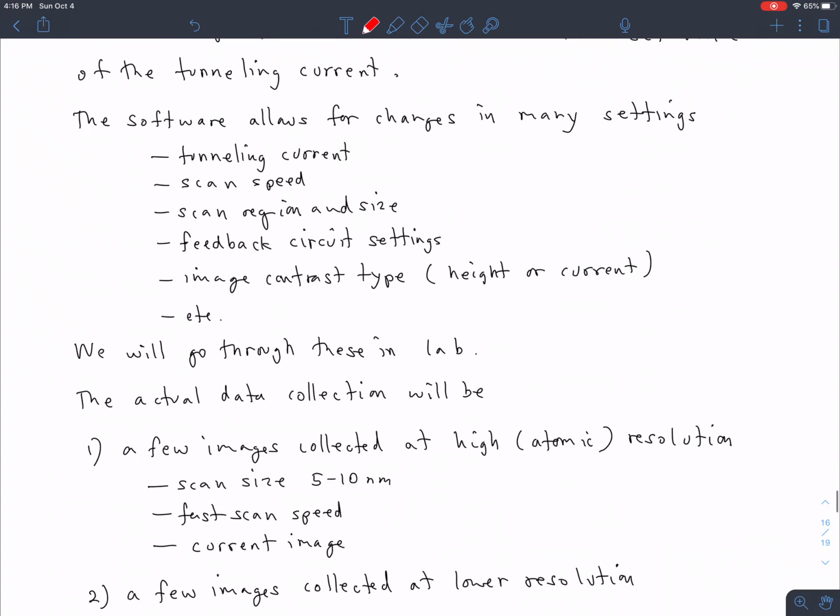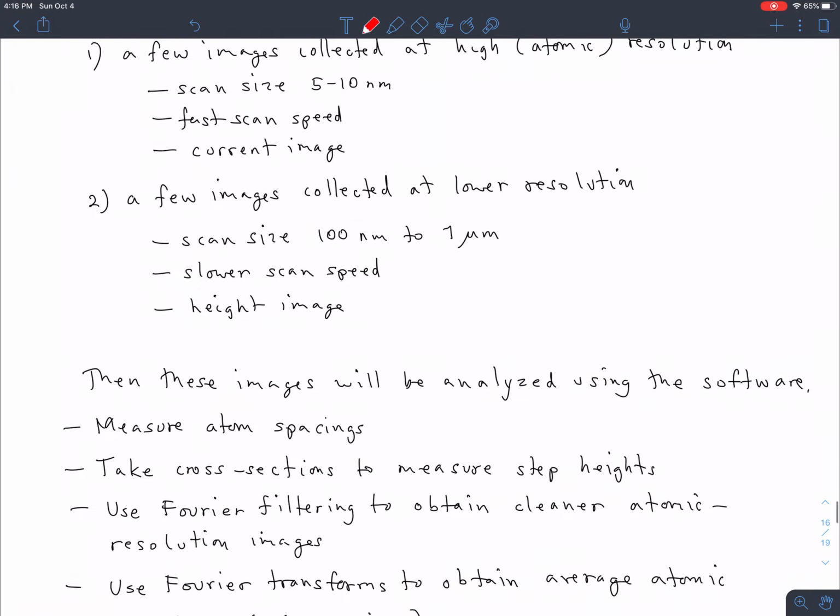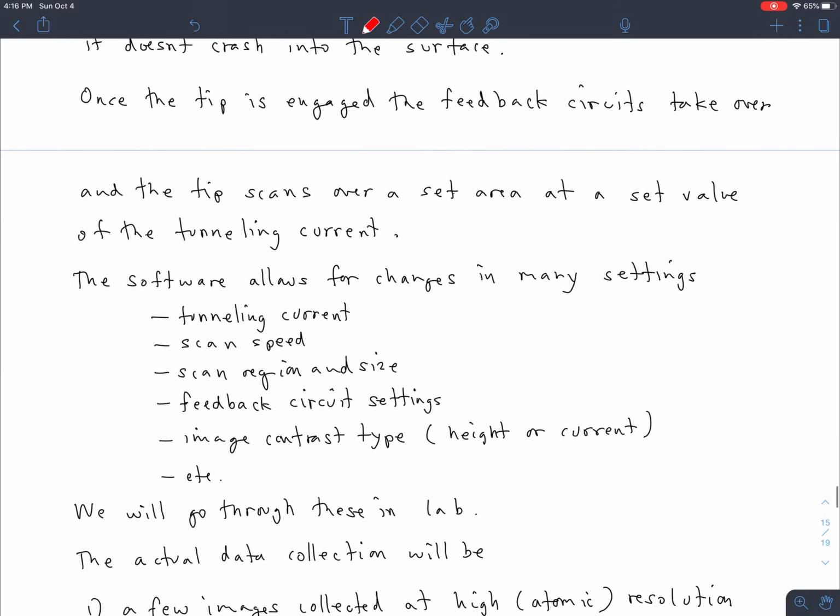All right. I think we'll leave the rest of this for the actual time. We'll be adjusting software values. We'll be adjusting the value of the tunneling current, the speed at which the tip scans over the surface, and the size of the scan region. There's a feedback circuit, and it has certain settings to make it either more sensitive or less sensitive.